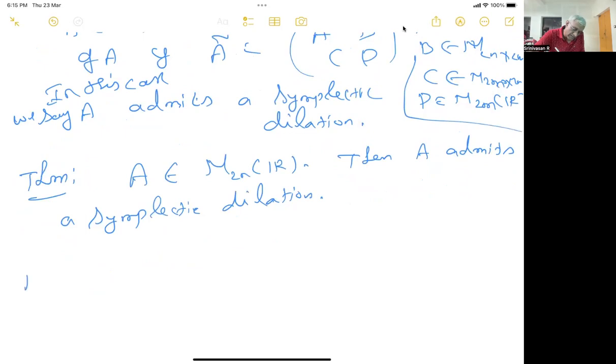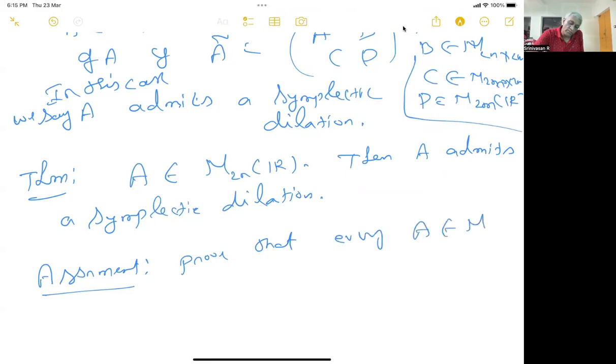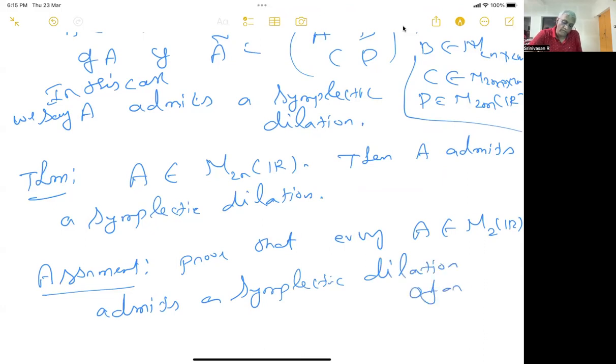So I want to give this assignment. Prove that every A in M_2(R) admits a symplectic dilation of order 4.